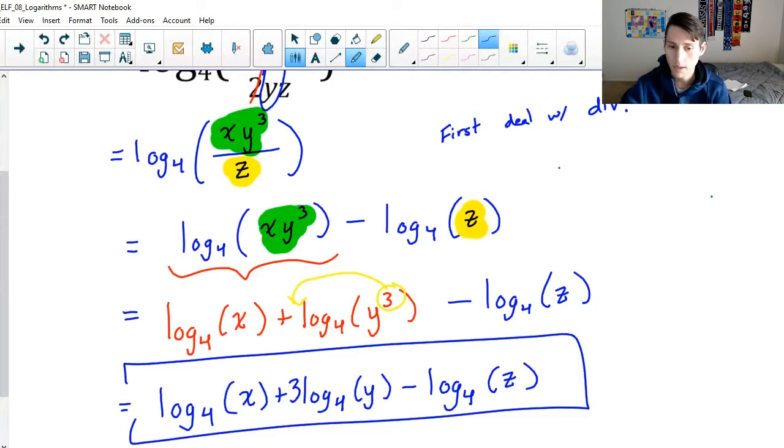So using our properties, we split it up as much as possible. That's what it looks like when we say we expand.